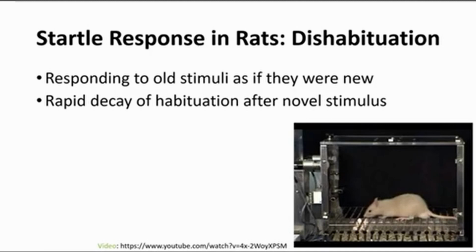So with the rat that got used to a tone, maybe this time you play a buzzer or have that bright light. So that new stimulus, that second stimulus, would have the same intensity of responding as you did the first time to the first stimulus. So the same level of startle response.